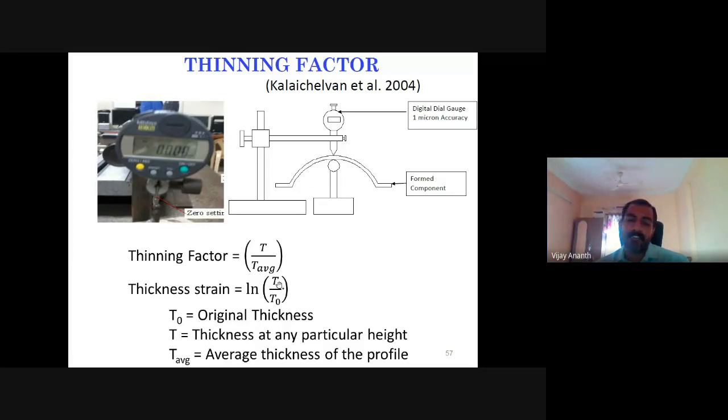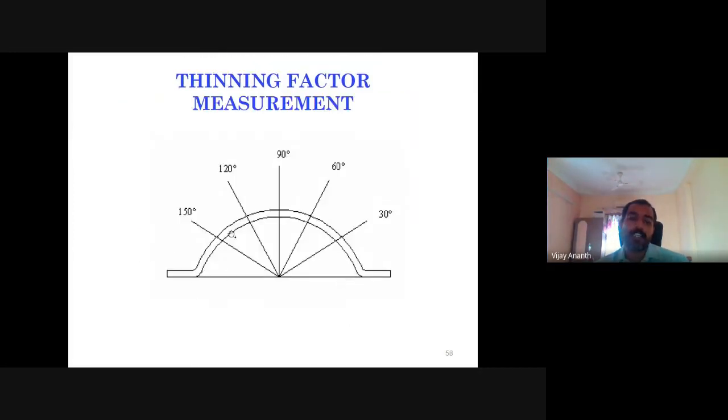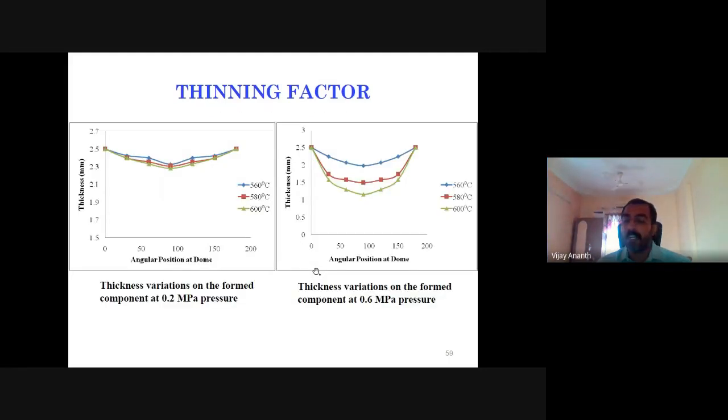And thickness strain we can also calculate by T by T0 with the formula, right? So these are all the places where we get the average thickness. At all these places we found the thickness, then we take the average. From initial thickness to average thickness, we can get the thinning factor.